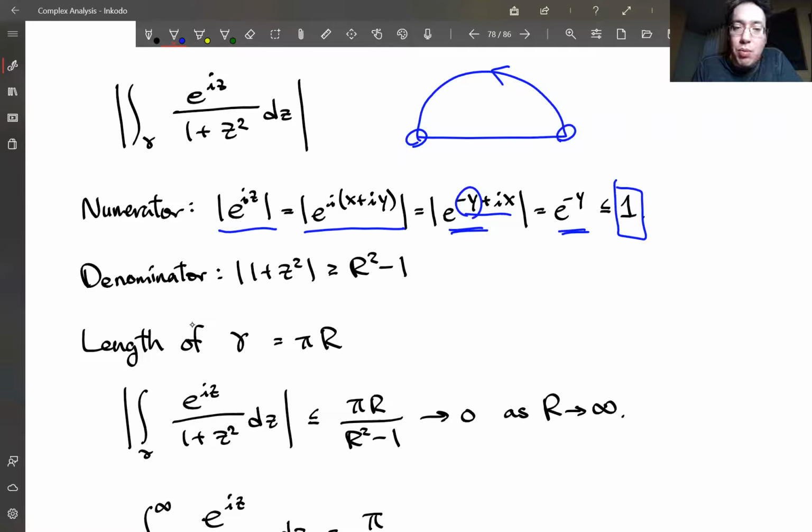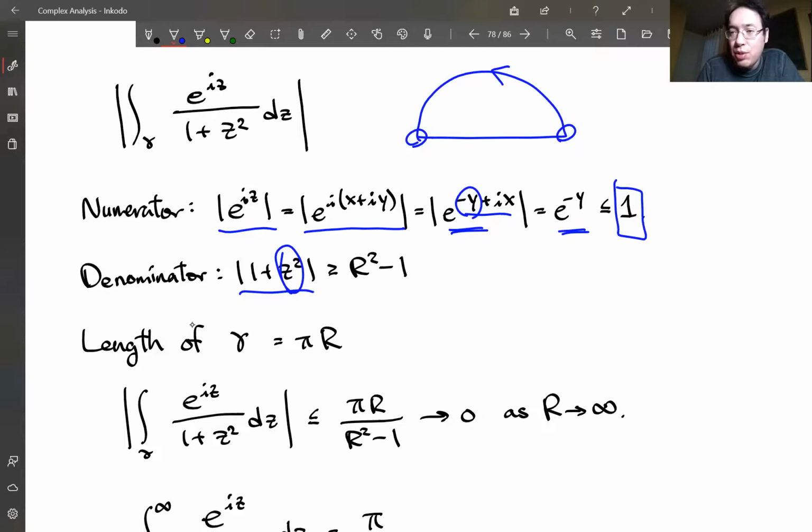We can also look at how small the denominator can get, because a smaller denominator means bigger overall. We're looking at the expression 1 plus z squared. The modulus of z is r the entire time, because it's fixed on the circle of radius r. So the modulus of z squared is r squared, and the modulus of 1 is 1.